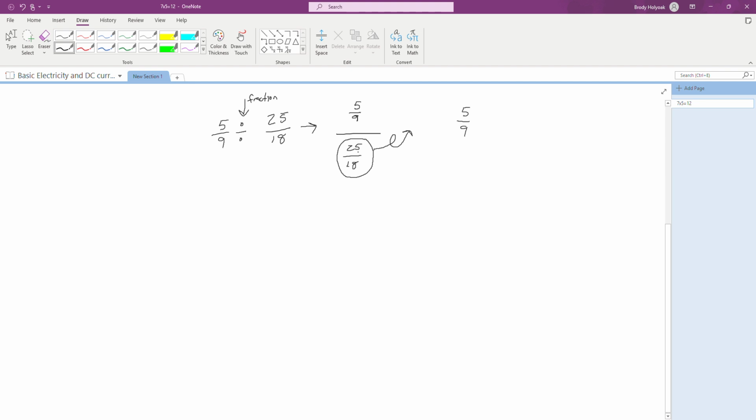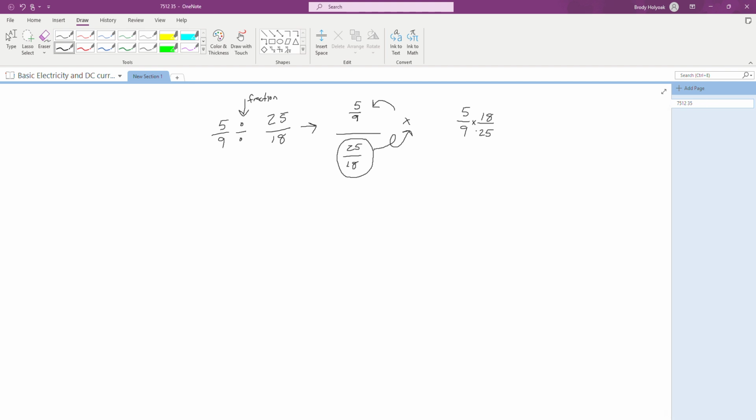My denominator, 25 over 18, I'm going to invert it, so that becomes 18 over 25. And then I'm going to multiply those across.